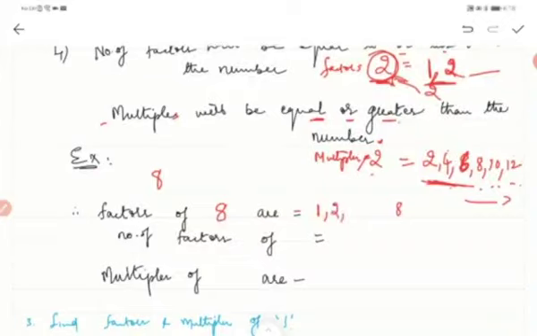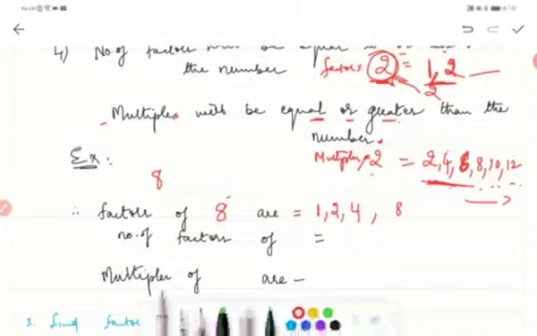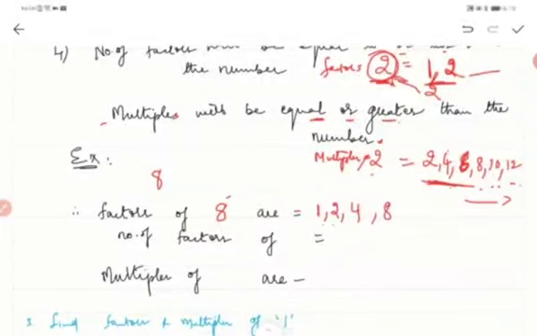Will 8 come in the 3 table? No. 4 table, yes, 4 twos are 8. 5 and 6 tables, you will not get 8. 7 also you will not get 8. So only again in the 8 table you can find it, isn't it? 8 ones are 8. So how many factors did we get? We have got 1, 2, 3, 4. The number of factors is 4. So the number of factors is limited, that is, they are finite. They are fixed in number.